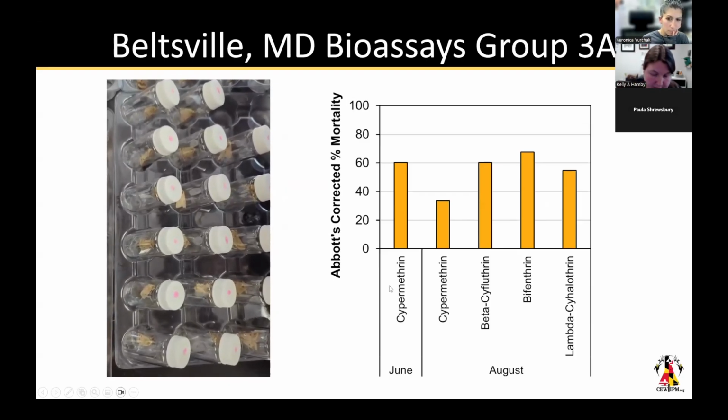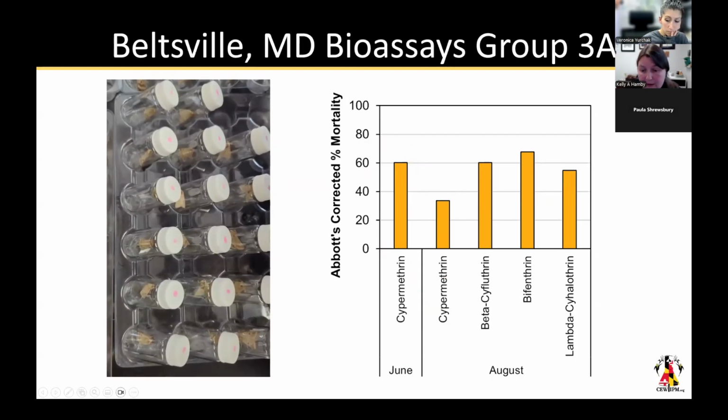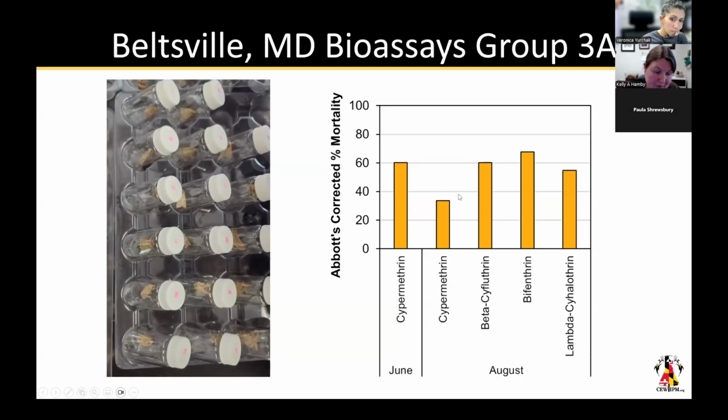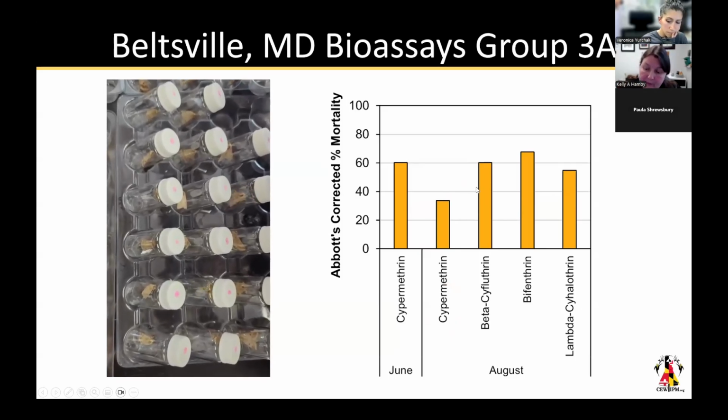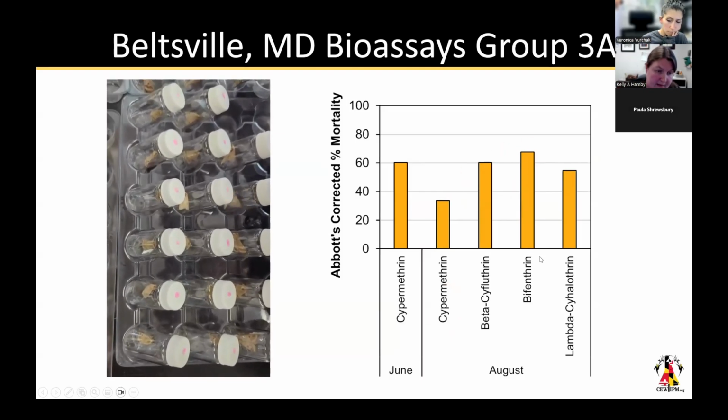So in June, we just had enough moths to test cypermethrin, and we only killed about 60% of the moths with cypermethrin in June. That went down to a little over 30% in August. So we did see pyrethroid resistance increasing over the season in Maryland. And we also tend to see, and this is consistent with other sites as well, beta-cyfluthrin and bifenthrin tend to have slightly better performance than cypermethrin and lambda-cyhalothrin, or Warrior.